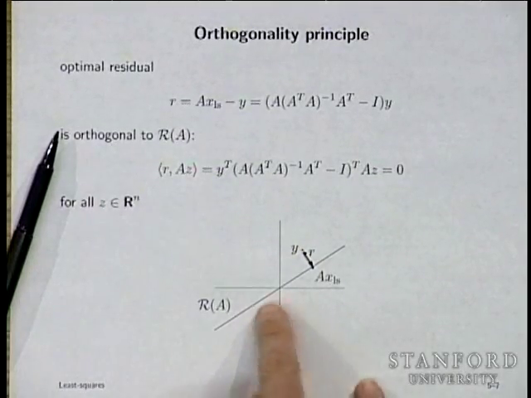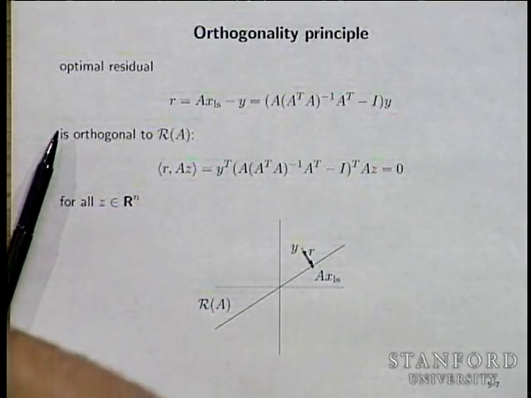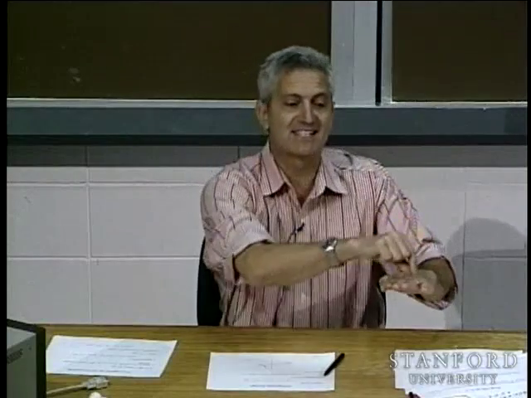In R3, the range of A could be a plane. You have a point y, and A x_LS is the projection of that point on the plane. If you go from the point on the plane up to the original point, you get something that's normal to that plane. So that's the picture.